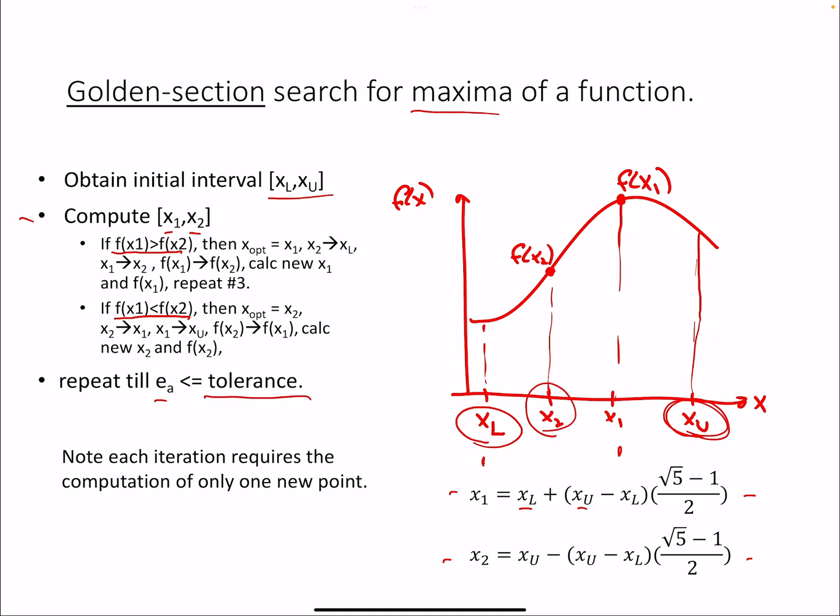So for example, if you're content with finding the maximum of this function up to say 2 decimal places, well, as soon as this interval, xl, xu, gets to something below half of 2 decimal places, you may encourage yourself to stop.